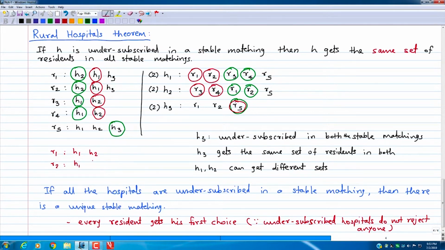Capacity 1 is not necessary, but still. So I'll put capacity 1 here, although we can make capacity 2 later on. So here the only stable matching that we see is R1 gets H1 and R2 gets H2.